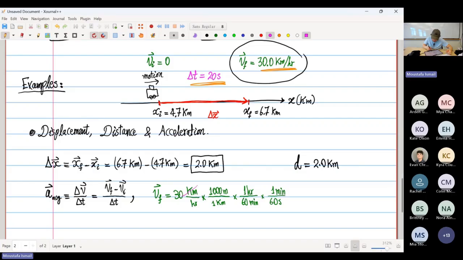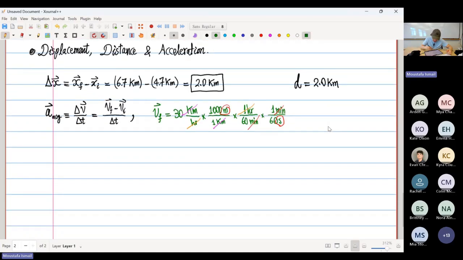So we have kilometer cancels with kilometer, hour cancels with hour, and minutes cancel with minutes, and we are just left with meters per seconds, which is what we want.